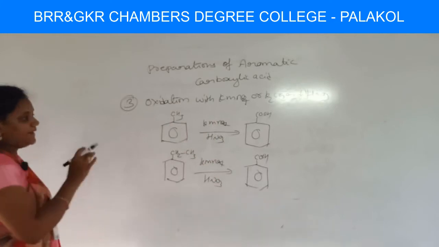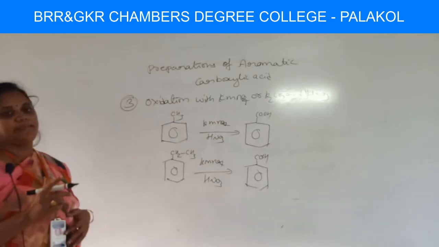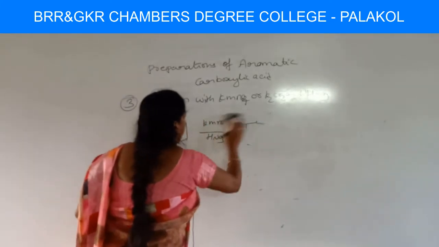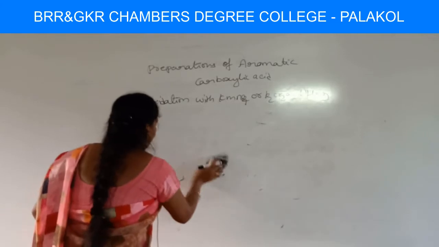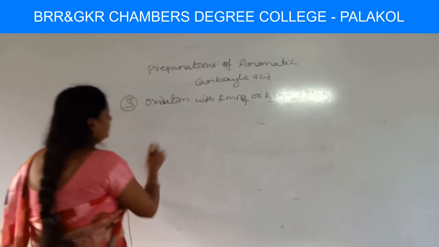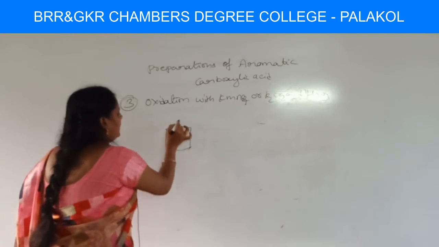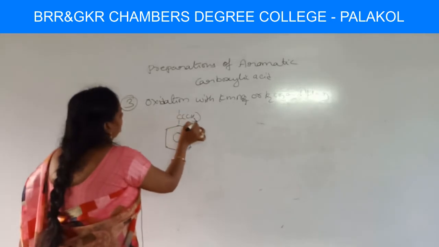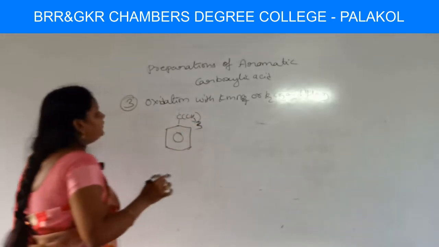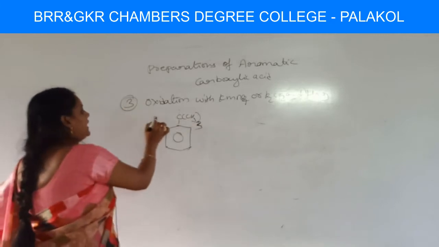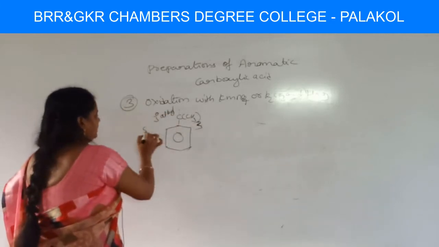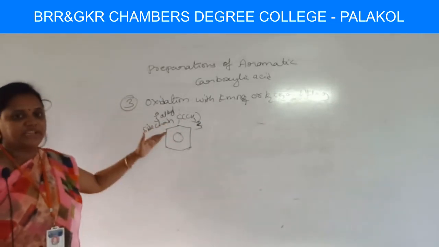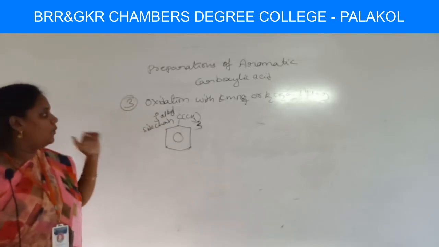And an important exception of this oxidation with KMnO4 is, for example, if you take a benzene ring with one bond here, so CH3 taken 3 times, that is, benzene attached to a tertiary alkyl side chain, what happens?